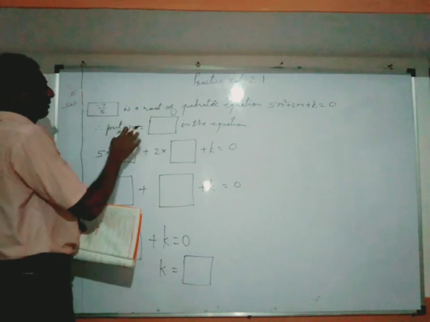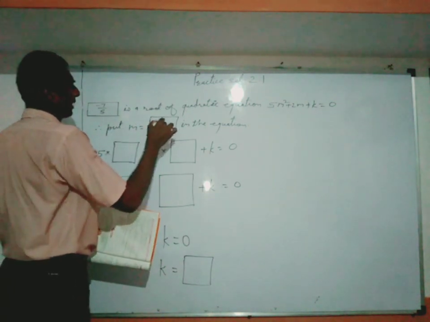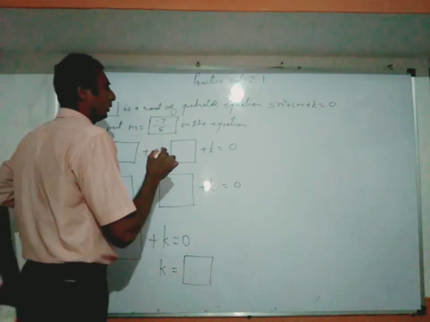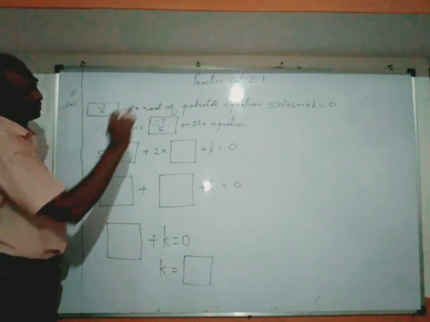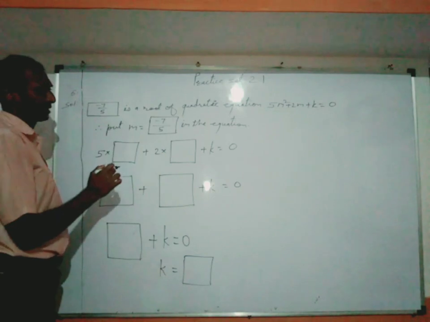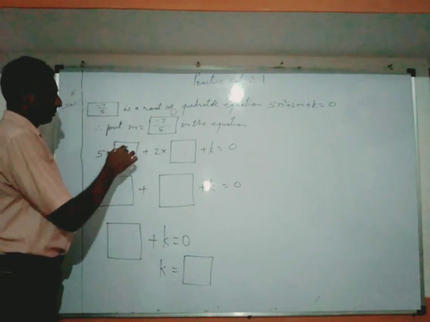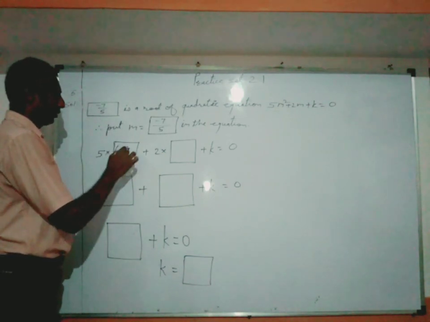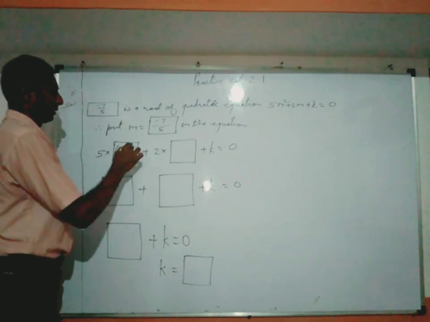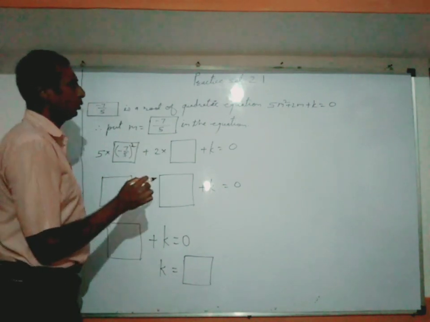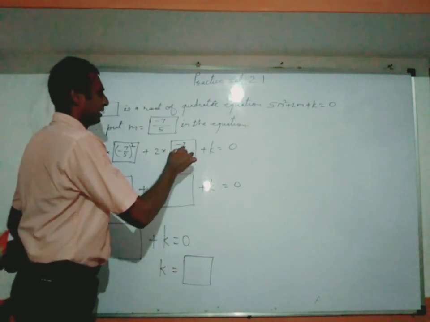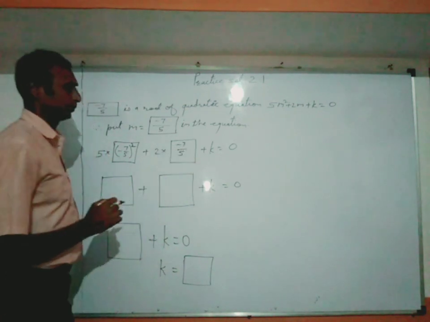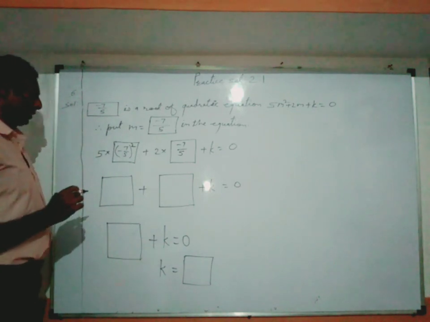Therefore put m equals minus 7 upon 5 in the equation. Therefore 5m square, and the value of m is minus 7 upon 5, that's why minus 7 upon 5 its square, plus 2m means 2 into the value of m, minus 7 upon 5, plus k equal to 0.